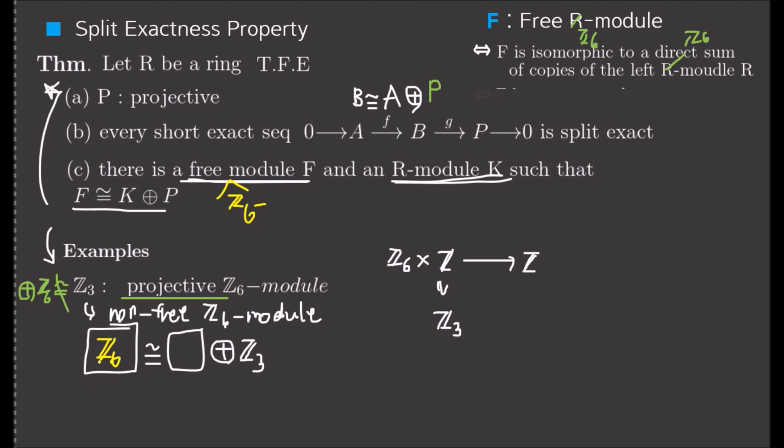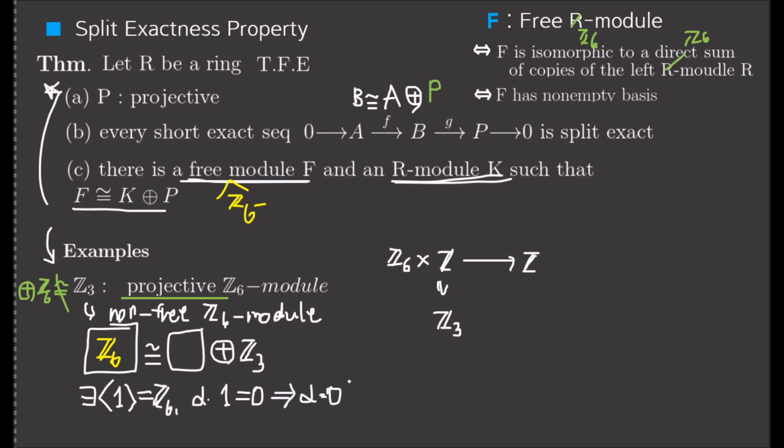G6 itself is a free G6 module, because by the definition of a free G6 module, there exists a basis, the identity, such that this is G6, and the linearly independent condition is that this is only 0 in the modular sense.